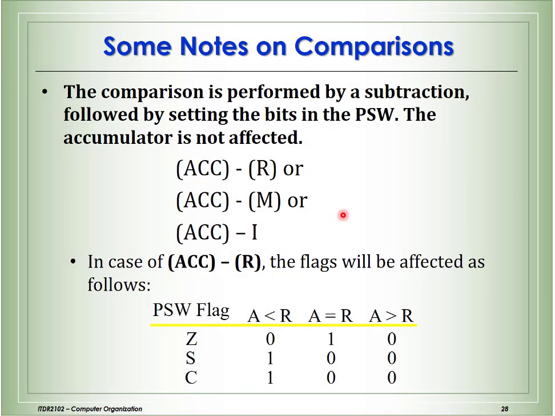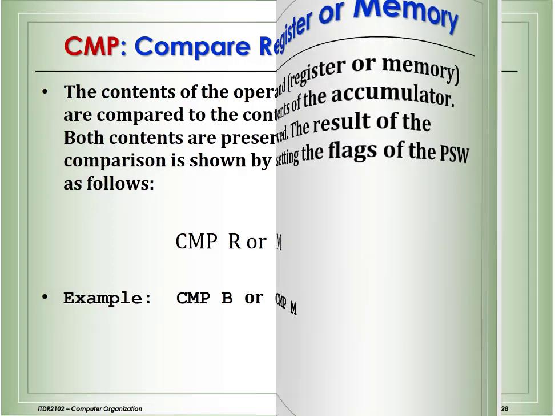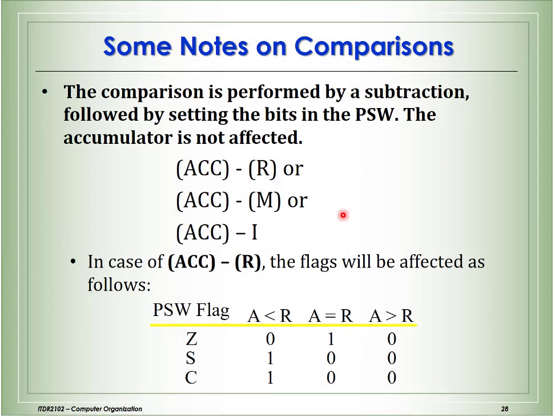Now the result of comparison we can show in the next slide: what will happen with these flag registers, like sign, zero, parity, and so on. The comparison is performed by subtraction. Comparison means we are basically doing subtraction, and the accumulator is not affected.